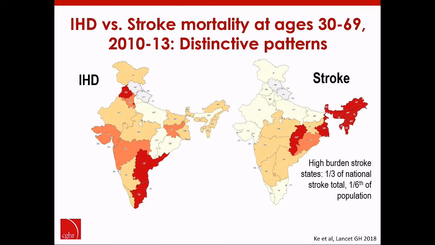Interestingly, the stroke patterns are also quite distinct, in that the northeast of India, representing Assam and the northeast states, West Bengal, Orissa, Chhattisgarh, these northeast states, they have about a third of the strokes of the country, although they only have a sixth of the population.